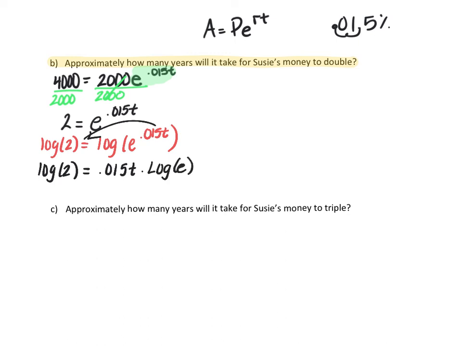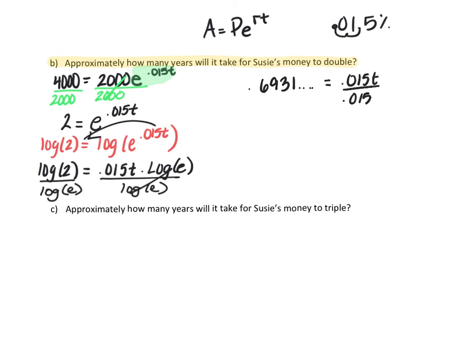So exactly the same process. Divide both sides by log of e. Put that into the calculator just the way you see it, the log of 2 divided by log of e. And you should get a decimal of 0.6931... equals 0.015t.